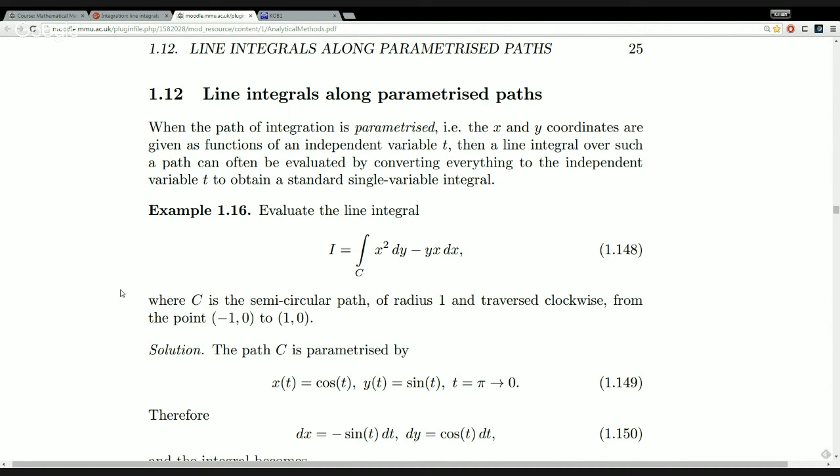So C is parameterized by functions: x is cosine of t, y is sine of t, and we want to go clockwise. So how is the parameter going to behave? Well, t is going to start from the value pi and go down to 0.